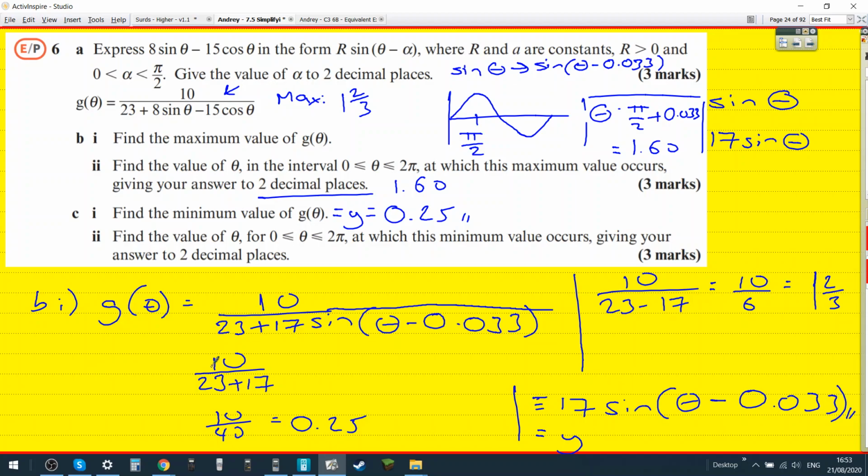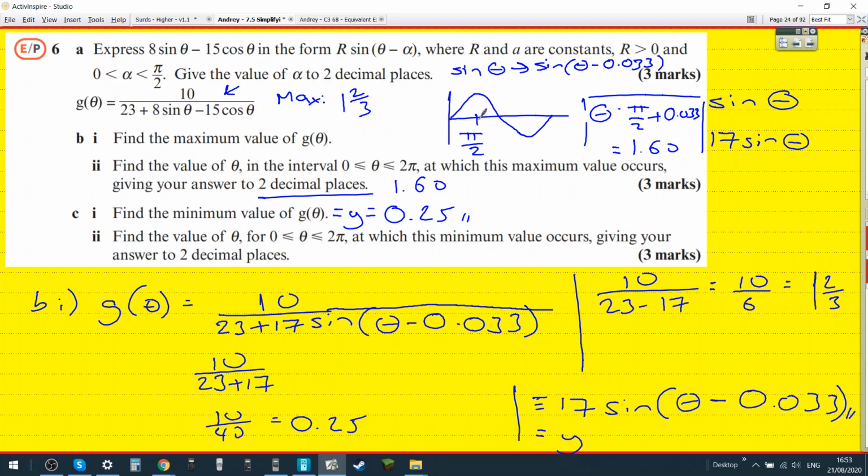Well, what is it equal to? Where is usually the minimum in sine theta? Do I need to make it equal to 0.25? That is the y. We want the theta, which is like the x.